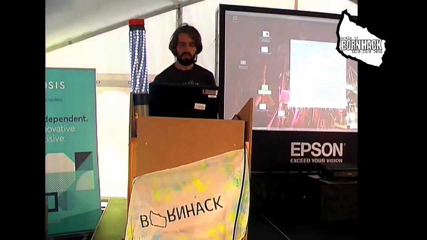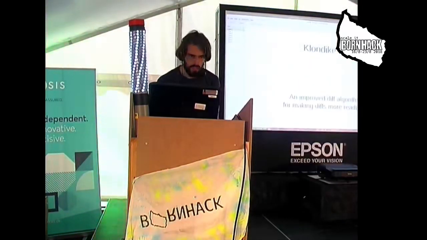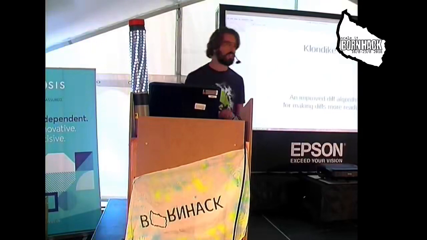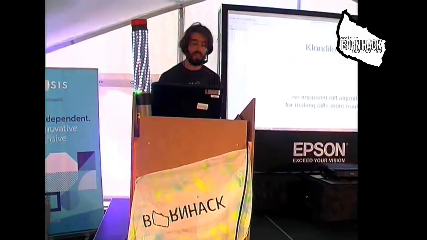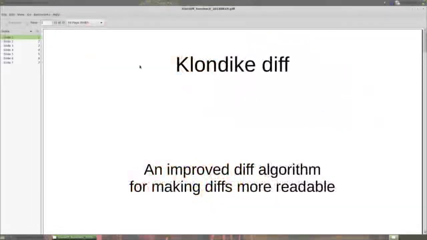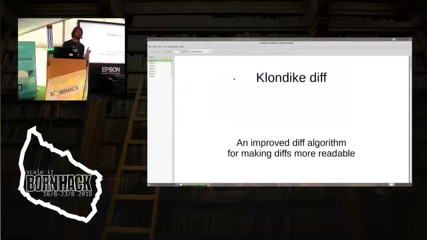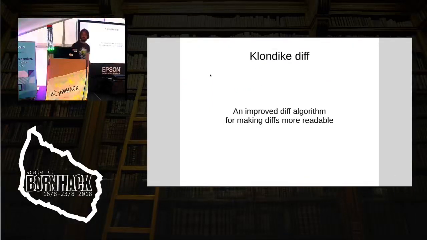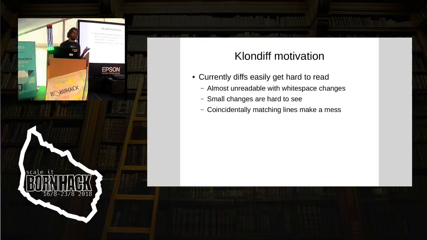I guess many of you use Git or other versioning systems. At least you use diff tools. Does someone not use a diff tool? I had a bit of problems with diff.